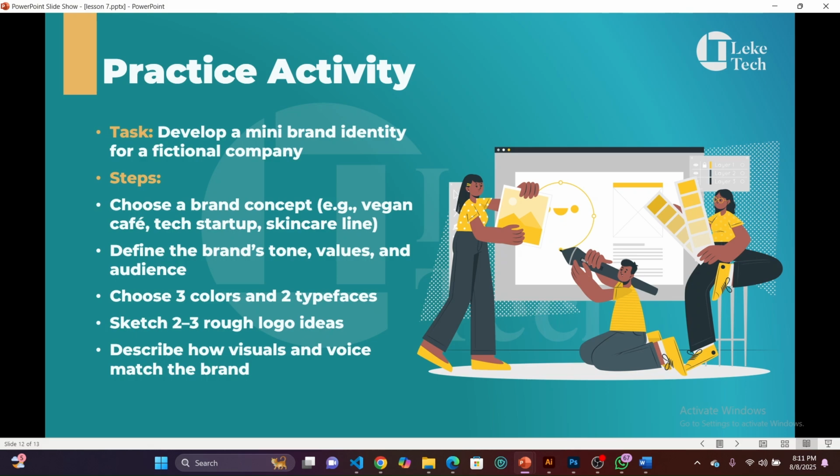Okay, let me give a short example. Let's say our company was Juju Tech. For the brand tone, we'll go with a professional, motivational, inspirational tone.